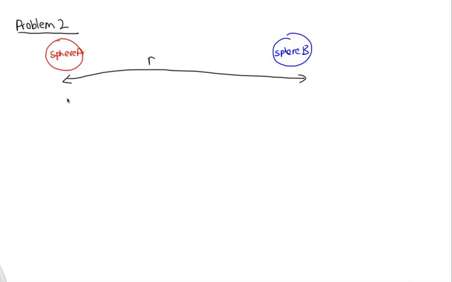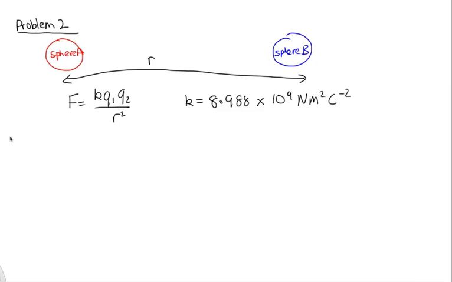So we'll need to use Coulomb's law, that F is equal to K Q1 Q2 on R squared, and K is Coulomb's constant, which is equal to 8.988 times 10 to the 9 newton meters squared coulombs to the minus 2. So in part A, we're told that A has a charge of +1, so Q1 is +1 coulombs, and B has a charge of +1 coulombs, so Q2 is +1.